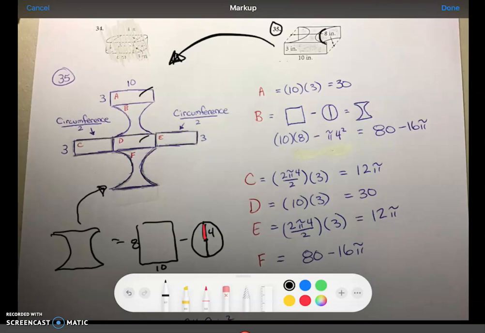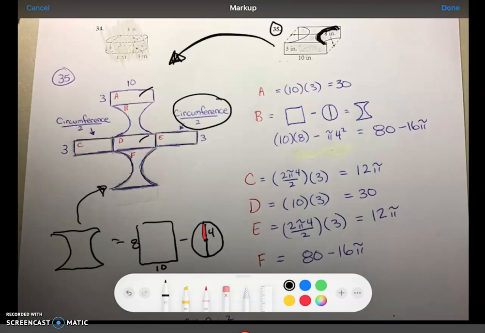This curved part here is still a rectangle if you look at it carefully, and this curved part here matches up with this portion here. It is half the circumference, not the complete circumference. So it's still going to be base times height, but the base being only half a circumference.